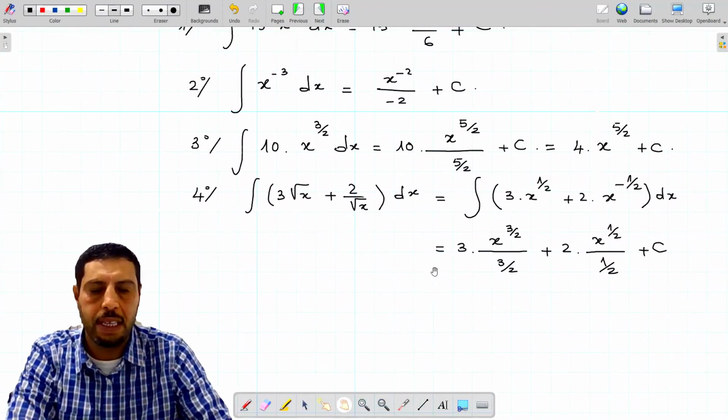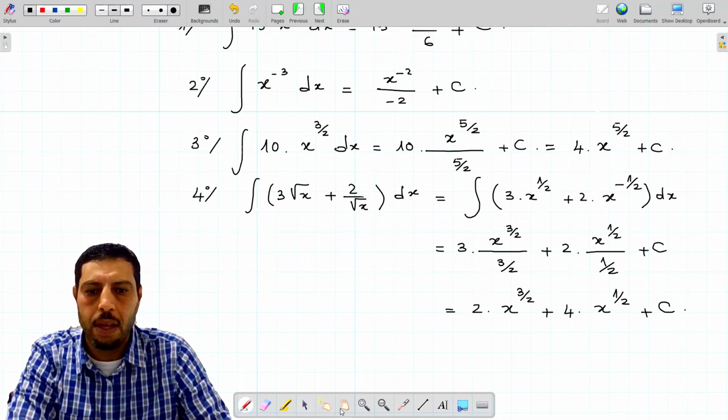Now we can simplify this a bit. 3 and 3 are cancelled, so we get 2 times x to the power of 3 over 2 plus 4 times x to the power of 1 over 2 plus c.